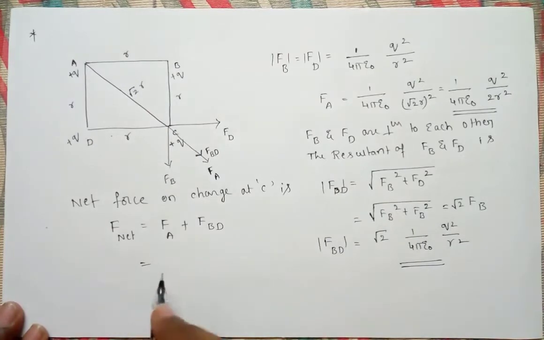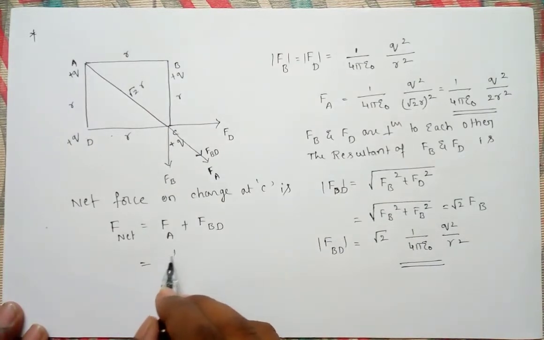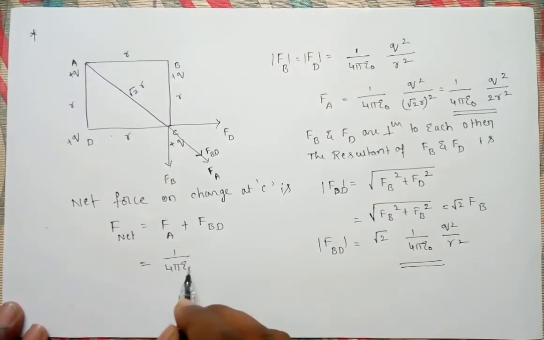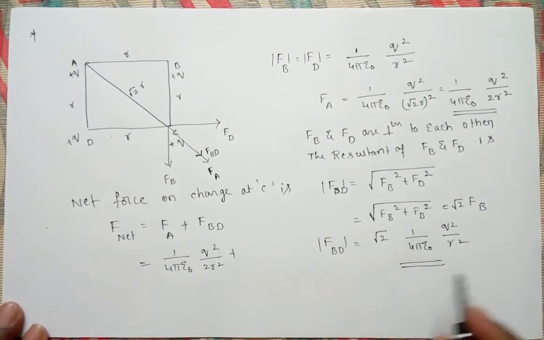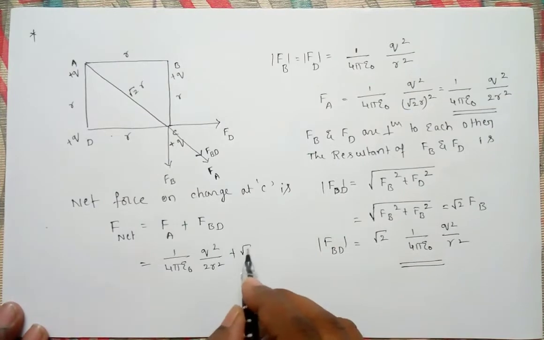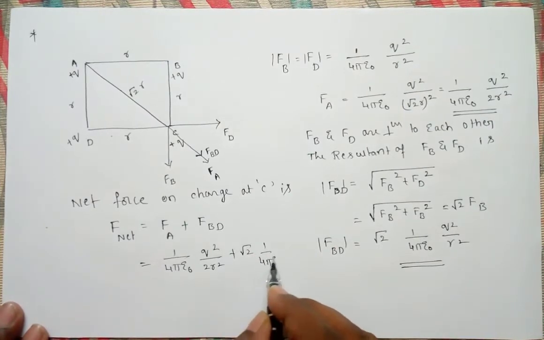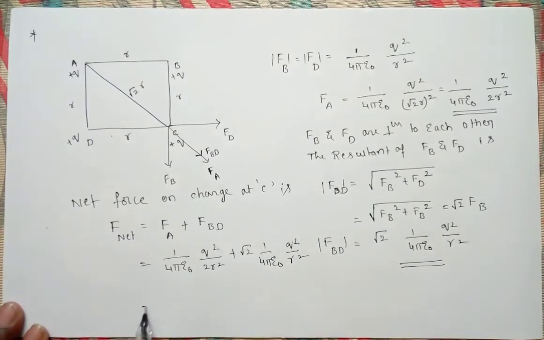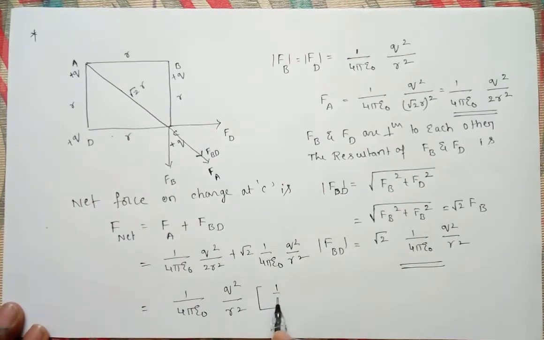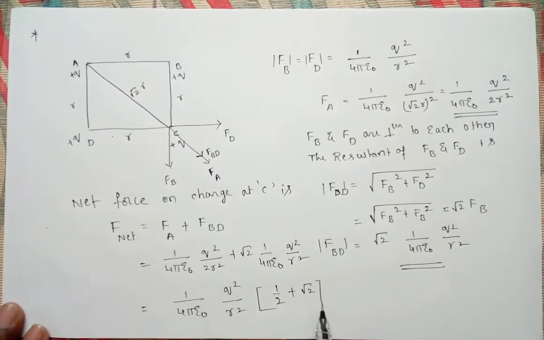So we can write 1 upon 4 pi epsilon naught q square by 2r square plus root 2 into 1 upon 4 pi epsilon naught q square by r square. Then you can take common 1 upon 4 pi epsilon naught q square by r square, and it will be 1 by 2 plus root 2.